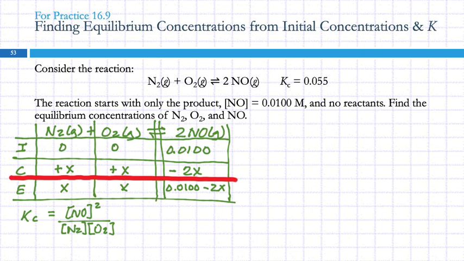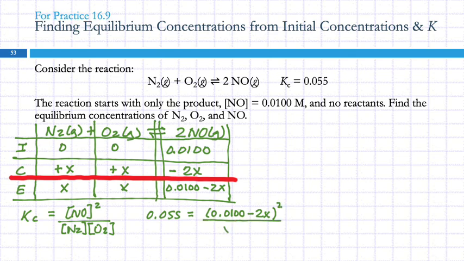We're going to take these equilibrium expressions, the values here, and Kc, and we're going to put them together. So Kc is 0.055, and that is equal to NO squared. So NO is 0.0100 minus 2x, and that's going to be squared.